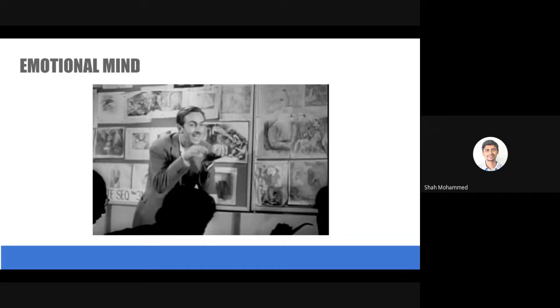Instead of just telling them this is the story, this is the Snow White and the Seven Dwarfs I am going to make, what he did is one evening he asked all his teammates to go have a nice dinner and come. Once they came inside, he called them to an auditorium, and in that auditorium he started the story.